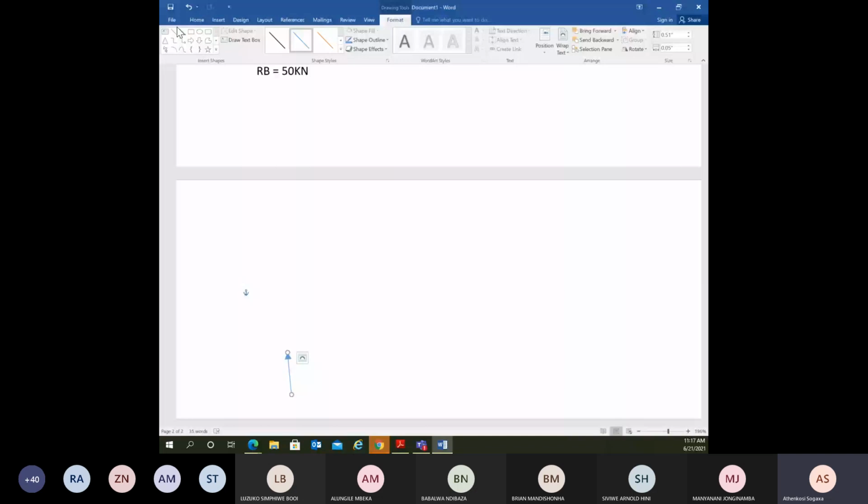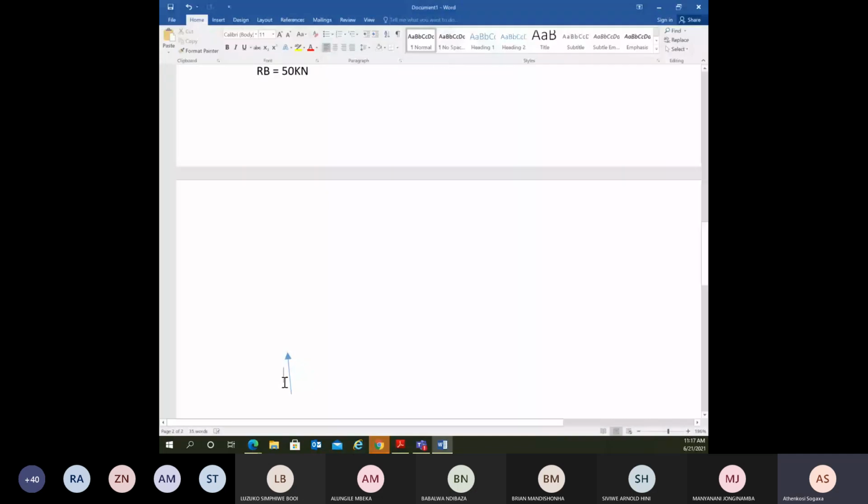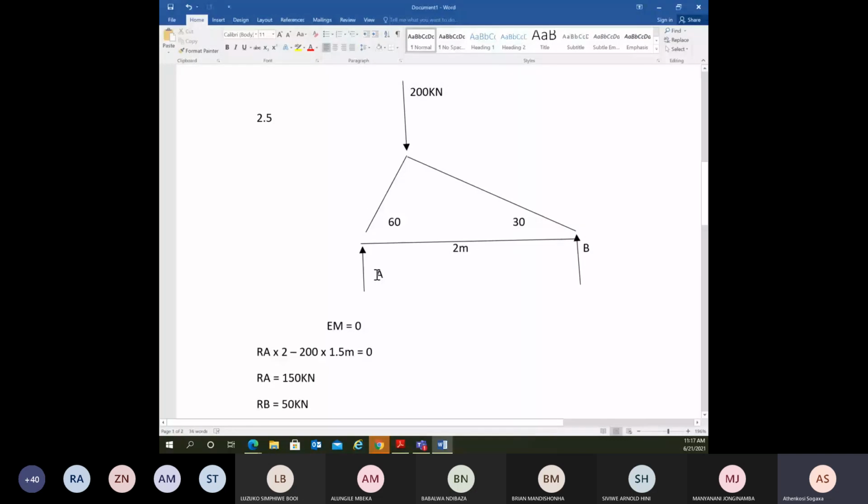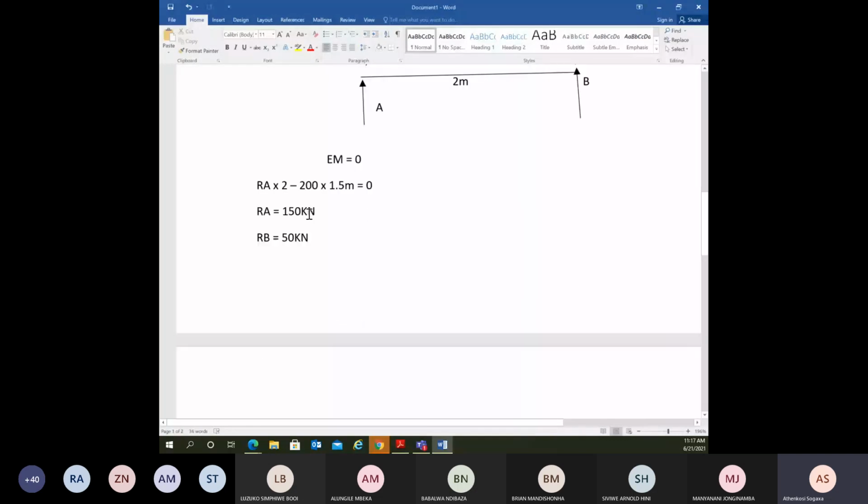This one is known. You have calculated this as 150 kilonewtons. I'm focusing on this joint here. So I have a reaction A of 150 kilonewtons upwards.